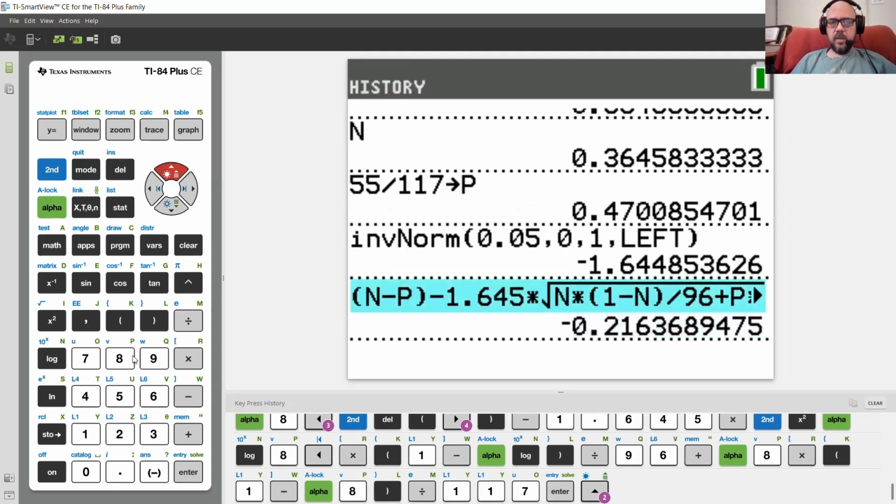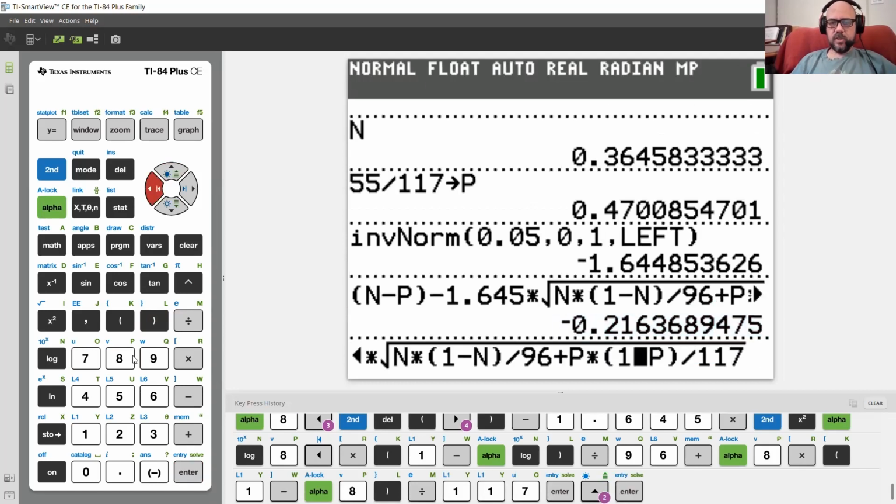We get that number, and then we do the same thing again, but with plus.